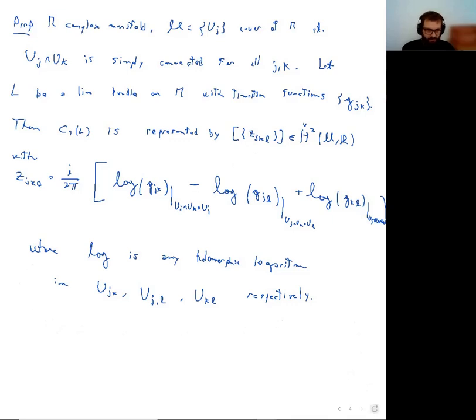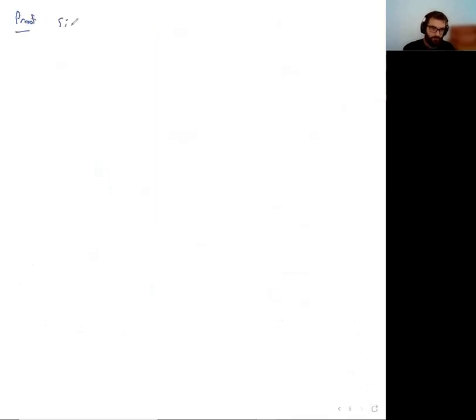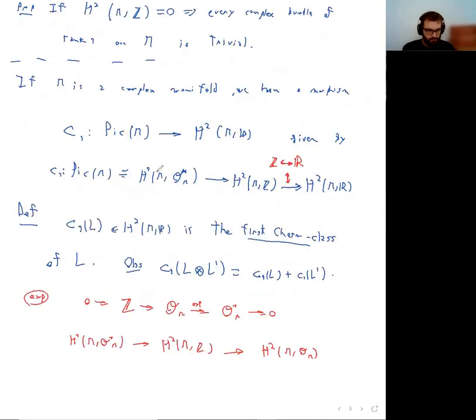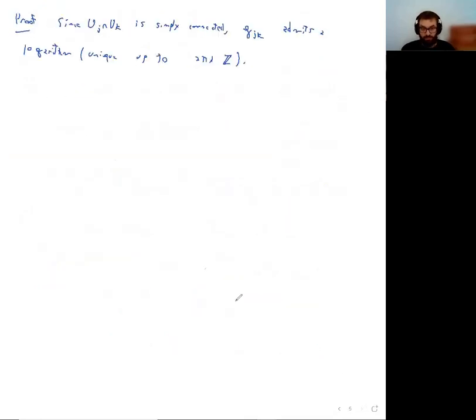So let's prove this fact. Maybe we'll need a new page. So as we were saying, since this intersection is simply connected, g_jk admits a logarithm, which, by the way, is unique up to 2 pi i Z. And now if you remember, when we proved that the Picard group is isomorphic to this H^1(M, O_M^*), remember that the correspondence was not that g_jk goes to g_jk, but g_jk goes to g_jk inverse.